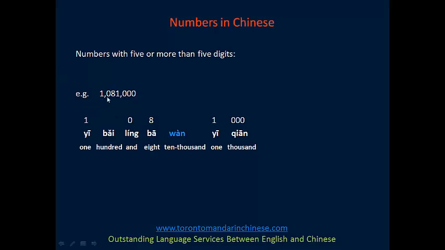Now let's look at another more challenging one. The number 1,081,000. In Chinese we say 108万1000.